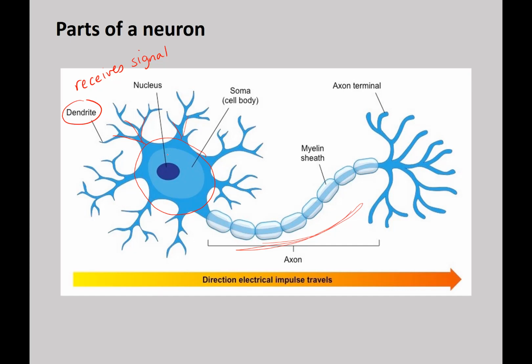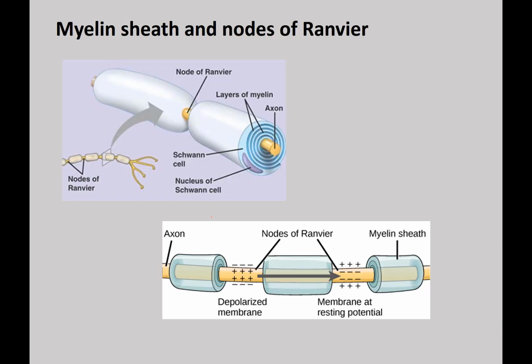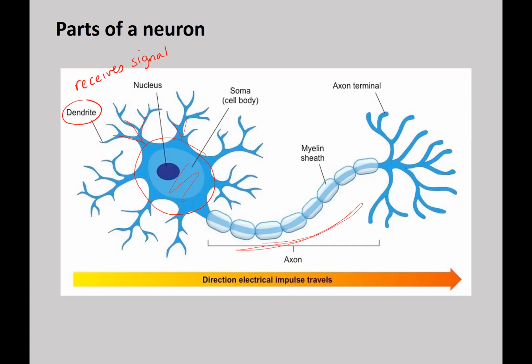The signal diffuses across that cell body, and it reaches a place right here, the connection between the cell body and the axon, and this is called the axon hillock.